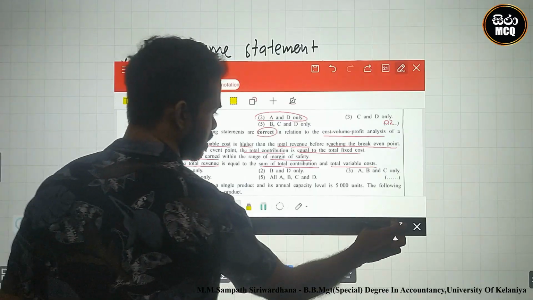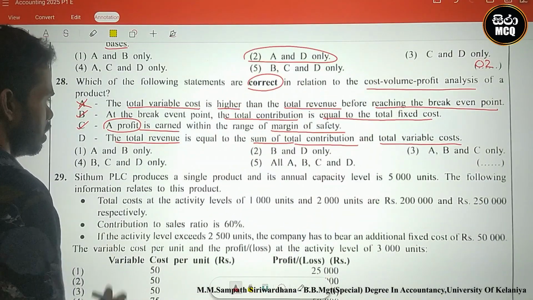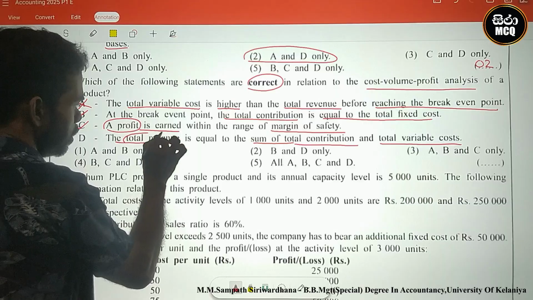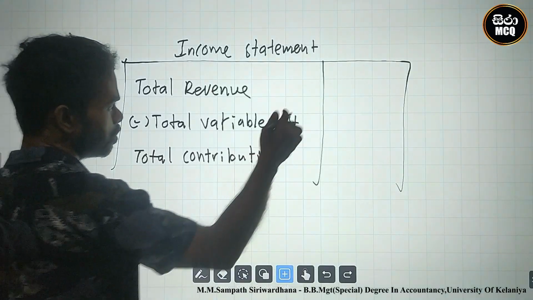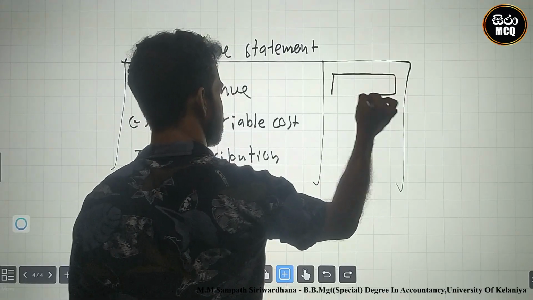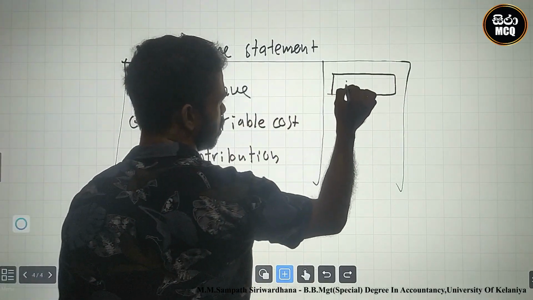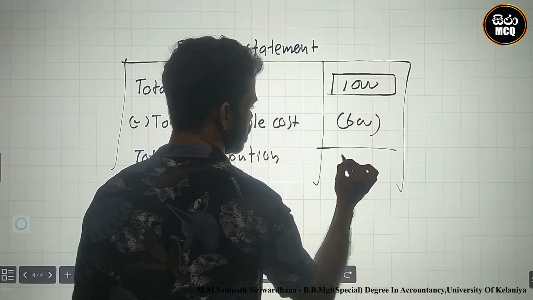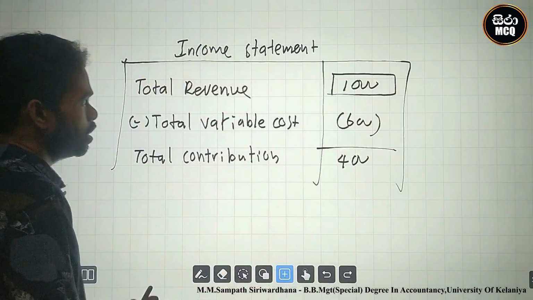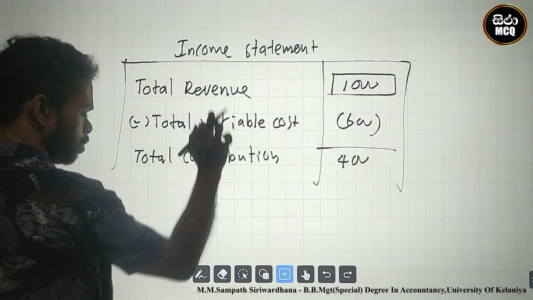Look here, they said, what is the total revenue? Total revenue is this one. I use the numbers now: 1600 minus contribution 400. Okay, total revenue, this one is the focus.